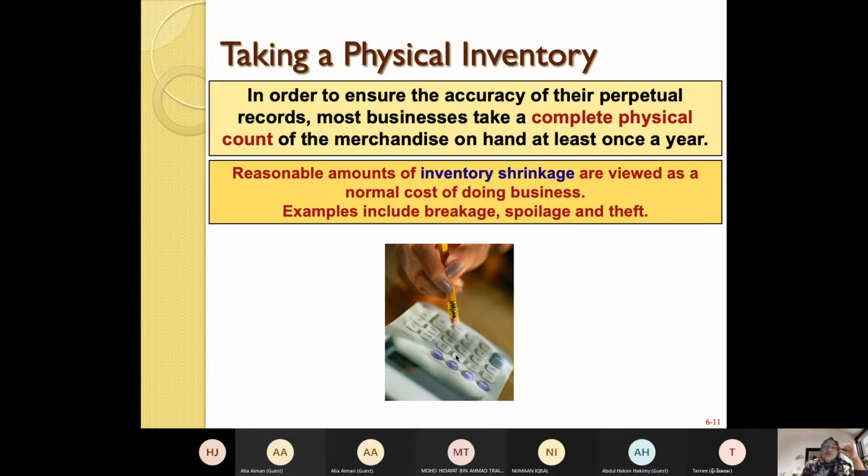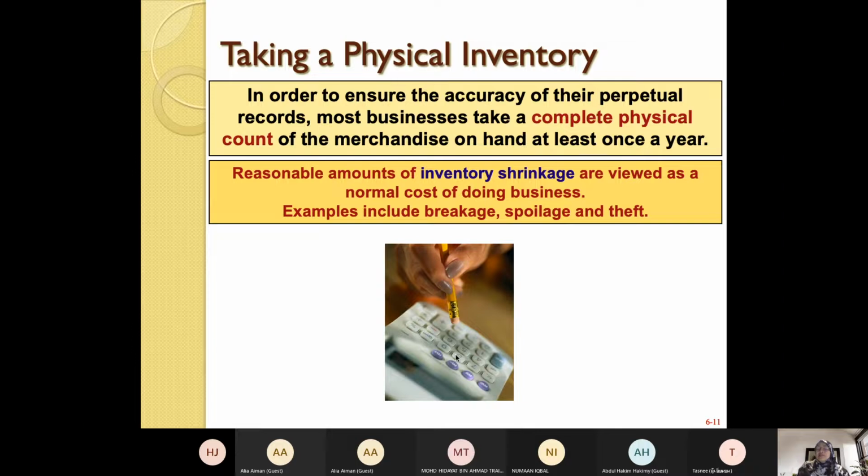They are going to count all items, depending on the types of inventory, a complete physical count. When you do a physical count, you will see that there could be a difference between your physical count and the one in your accounts. The amount of inventory in accounts may not be the same as your inventory physically.